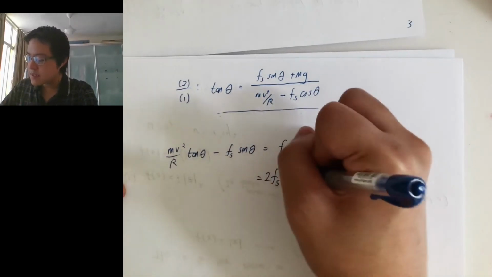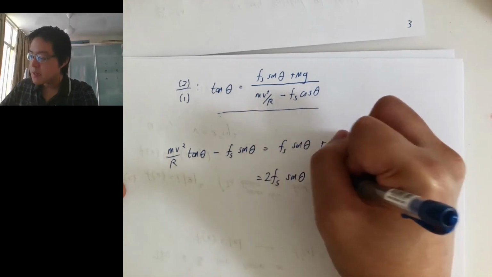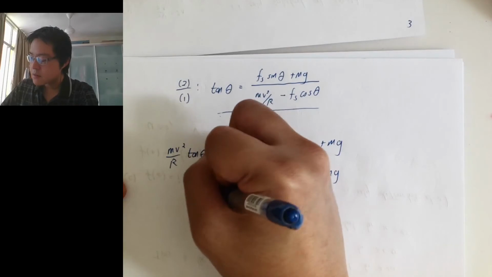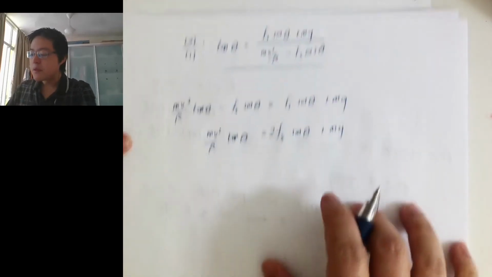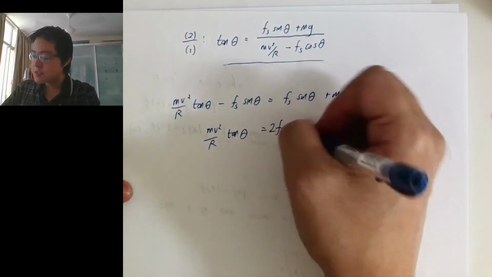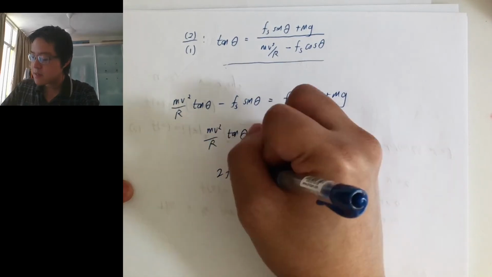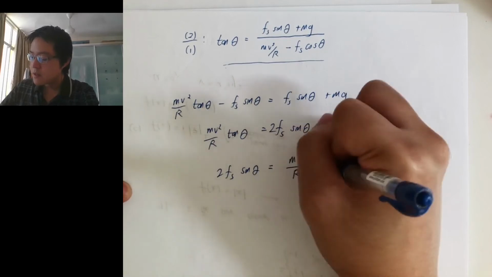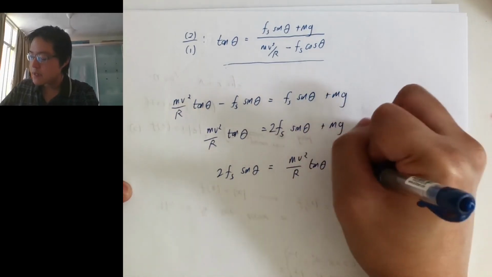So I got 2Fs sine theta plus mg, and then this is mv squared over r tangent theta. Okay, so I can solve this equation for Fs now. So 2Fs sine theta is equal to mv squared over r tangent theta minus mg.